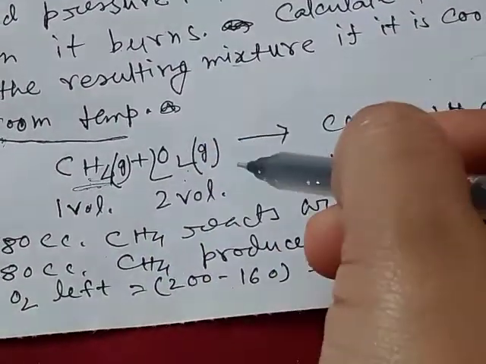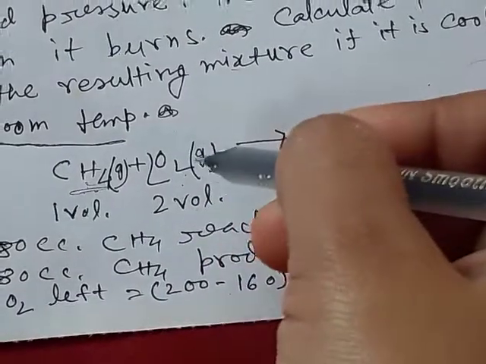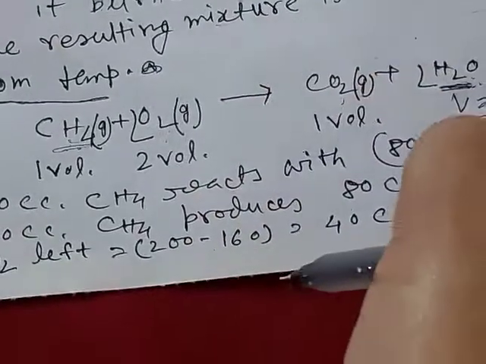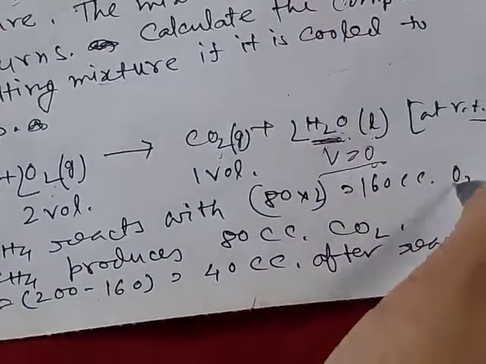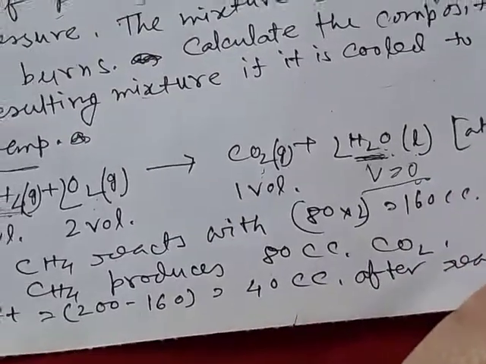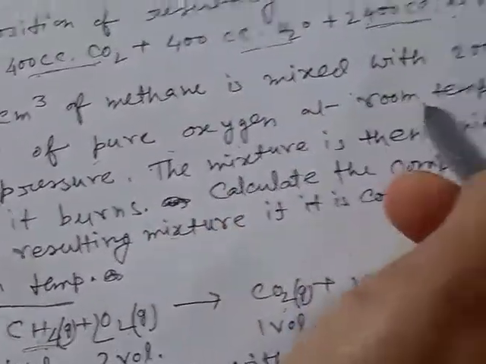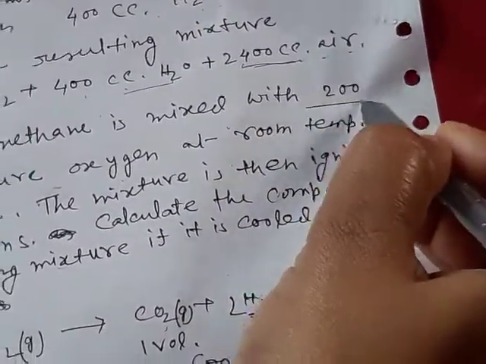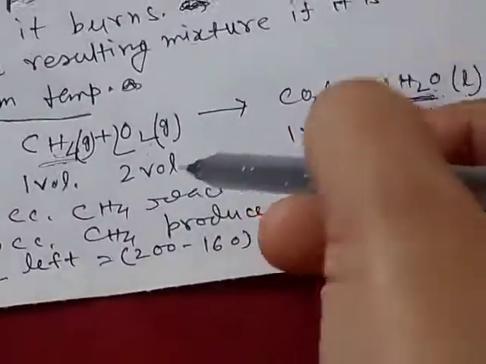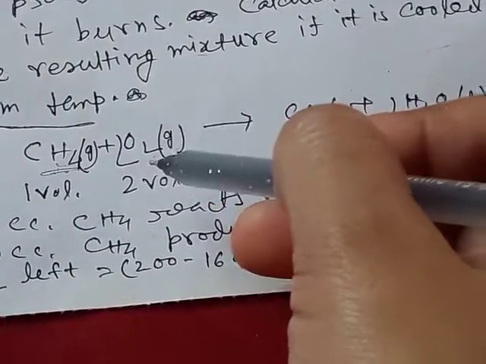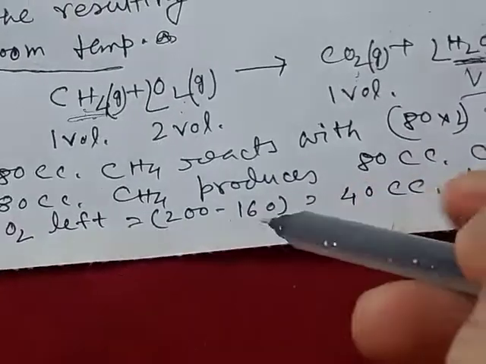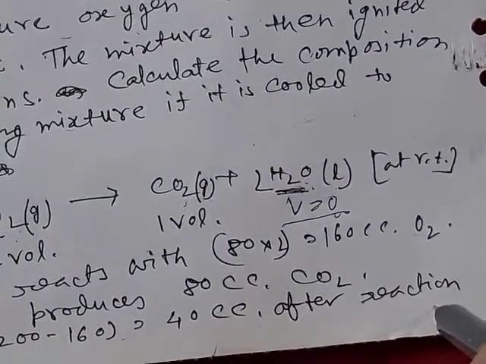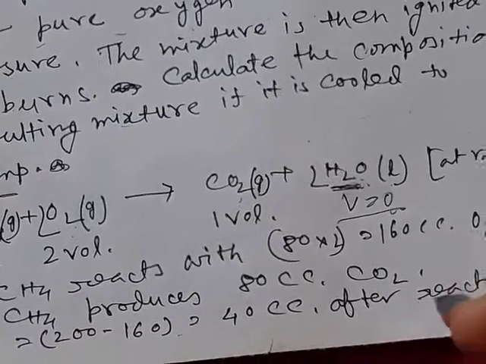Now 1 volume of methane reacts with 2 volumes oxygen, so 80 cc of methane reacts with 160 cc of oxygen, 80 into 2. In the problem, 200 cc of pure oxygen is taken. Now 160 cc of oxygen is reacted, so the oxygen left is 200 minus 160, that is 40 cc oxygen left after reaction.